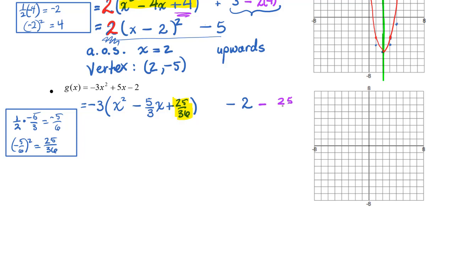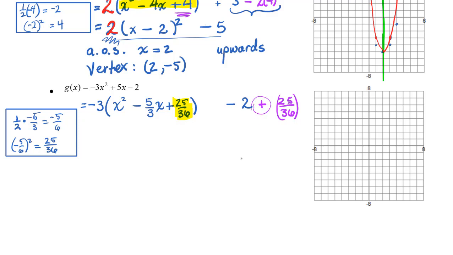But if I add that value inside my grouping, I have to make up for it by subtracting that from the outside. Now don't forget, it's not just subtract 25/36, because if I were to multiply this negative 3 back in, it's actually subtracting that term.